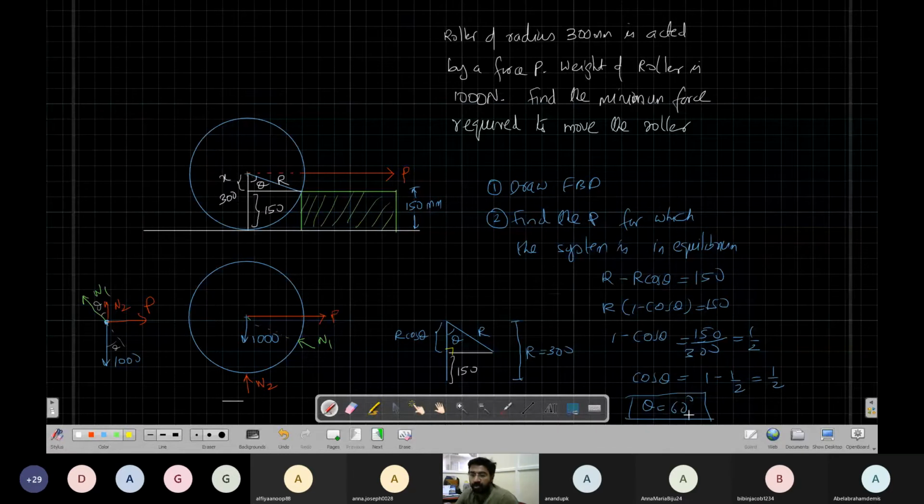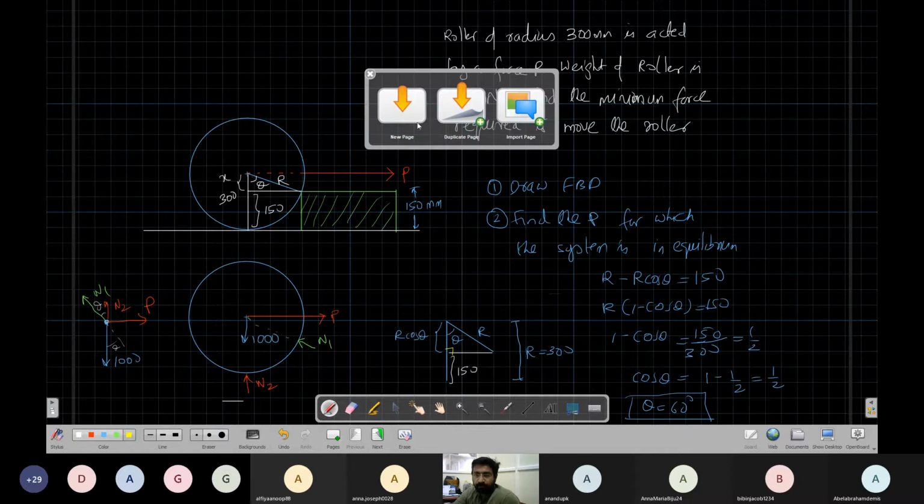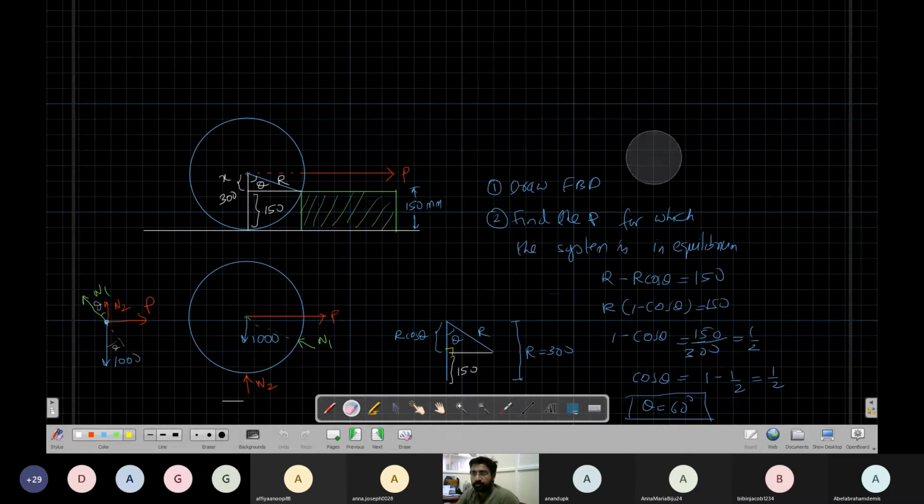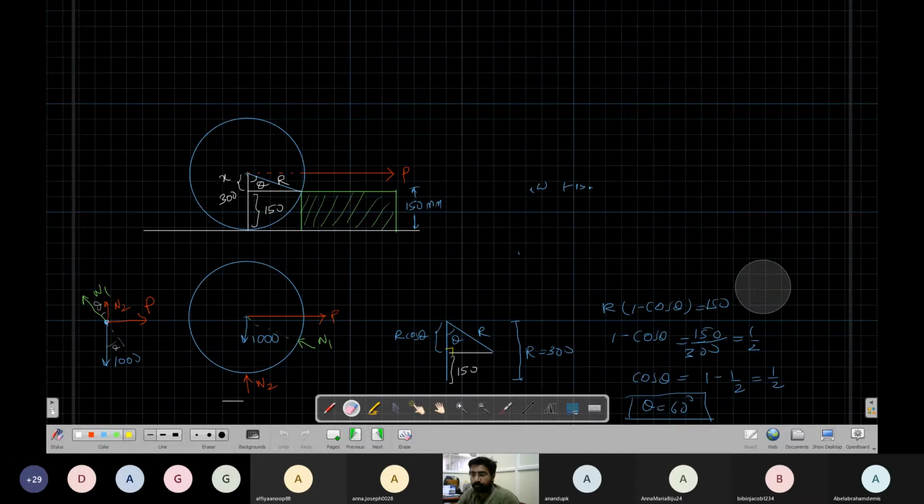Doing that, theta is 60 degrees, so we will use that.